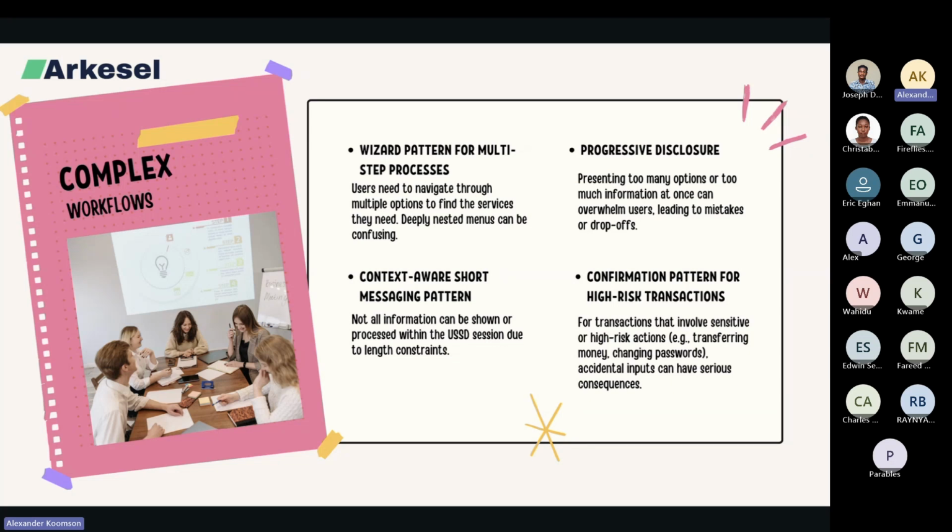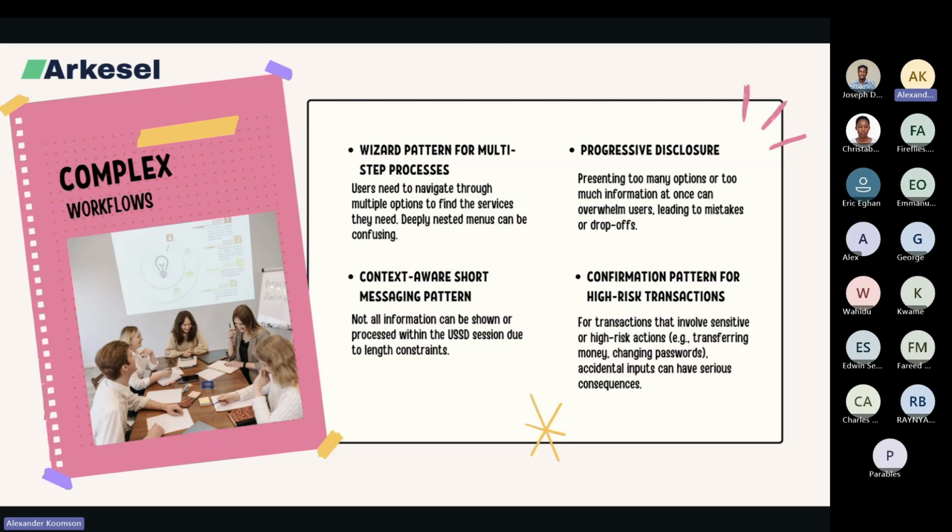The next one is the context aware and short messaging pattern. I think we've mentioned this before, that you should keep your messages short. The messages on your screens should be short, right? Because there are session constraints, we know that, and because the user also has limited input, right? You should be guiding the user. You can't show all the information you want to show to the user, right?